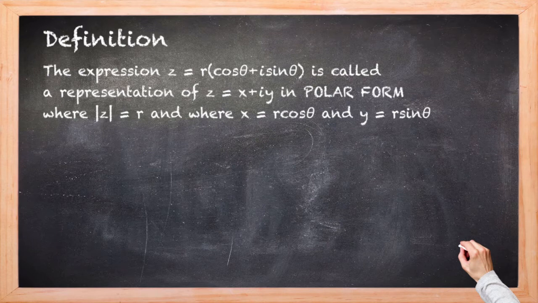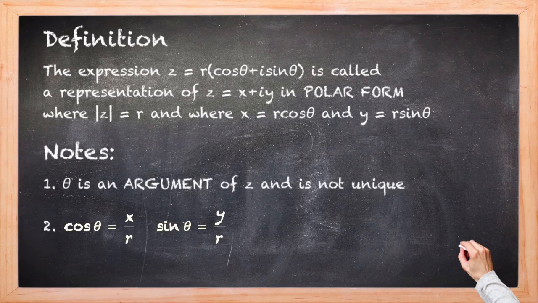Now a couple of things to note here: the argument theta is not unique. We could add or subtract multiples of 2 pi to that. Also, x equals r cos theta, y equals r sin theta can be rearranged, and this is sometimes useful. We'll find this useful later in determining the argument. Cos theta is x over r, sin theta is y over r.